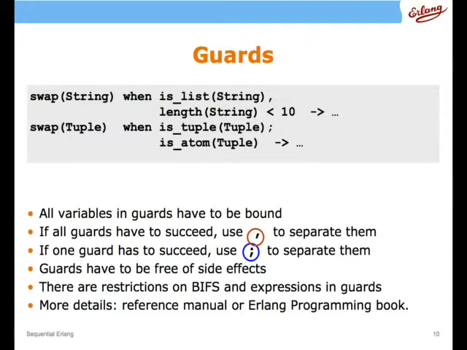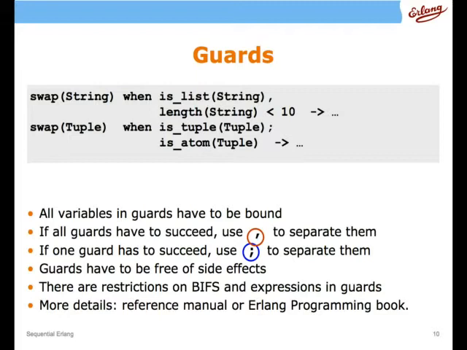One thing to be aware of is that variables in guards have to be bound. You don't do any variable binding inside a guard. But to compose guards, we can use comma and semicolon. Comma is conjunction, so it says that both guards must hold.